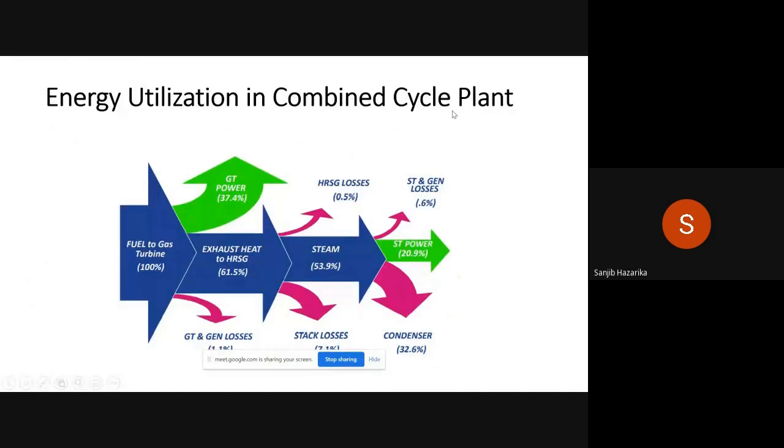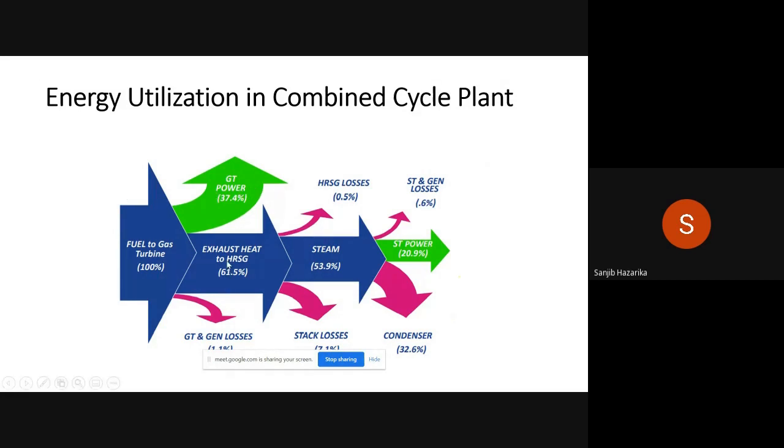So this chart shows generic combined cycle plant energy utilization. Fuel goes to the gas turbine, which produces electricity. Its efficiency is around 37.4% as shown, but it's increasing, and gas turbines may have around 39-40% efficiency as well.